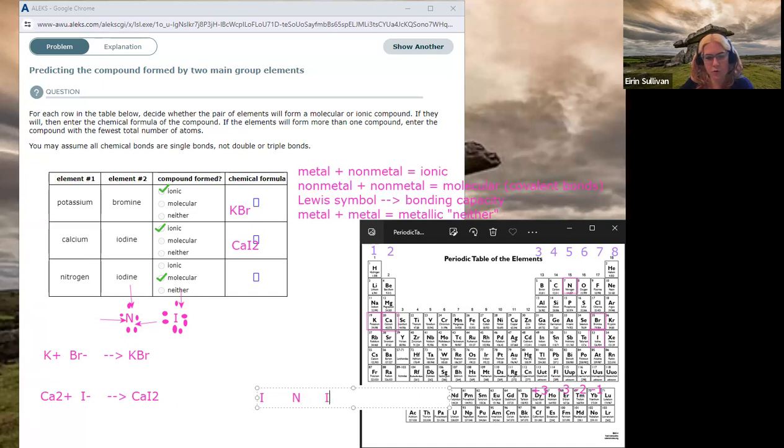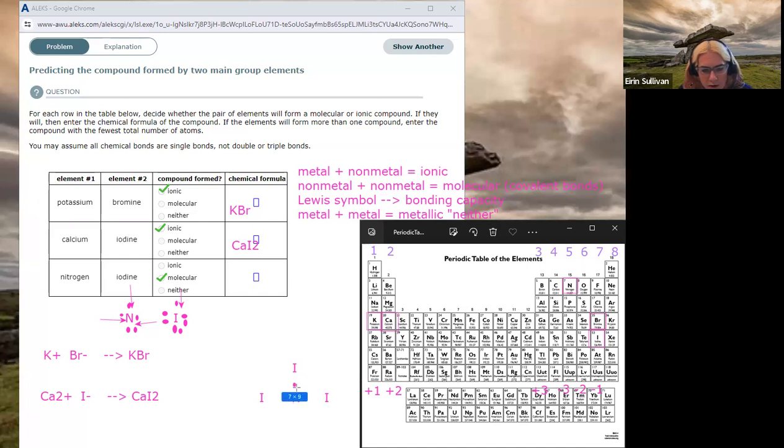So if I draw my Lewis symbols for my elements, I'm going to give nitrogen the pink ones, and then I'll change the color for iodine.